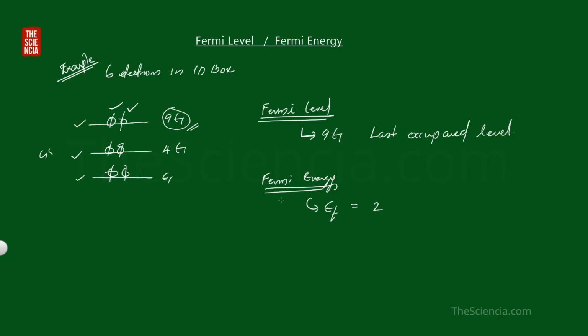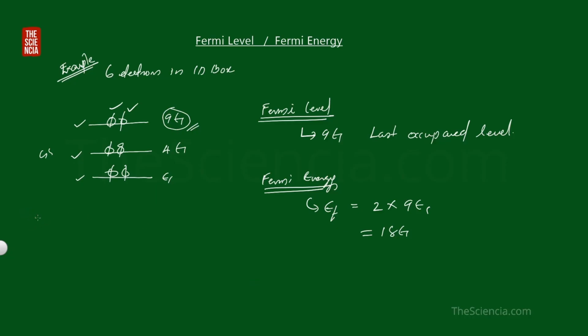Therefore, the Fermi energy of the system is 2 into 9E1, that is 18E1. If there is only one particle in the Fermi level, then the Fermi energy will be 9E1. But here there are two. So, the total energy of that level is called the Fermi energy.